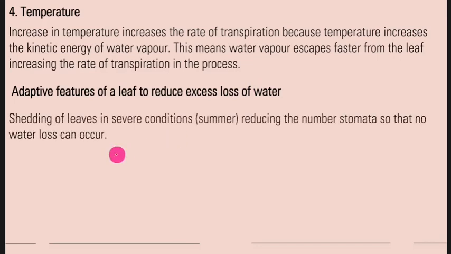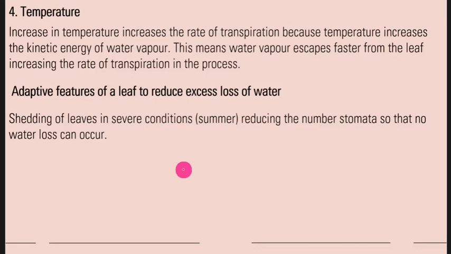Number 1, shedding of leaves in severe conditions such as summer, reducing the number of stomata so that no water loss can occur. Have you ever wondered why, when we start July, August, September, plants shed their leaves? You see plants dropping their leaves.